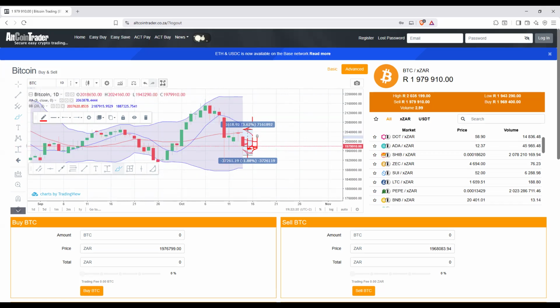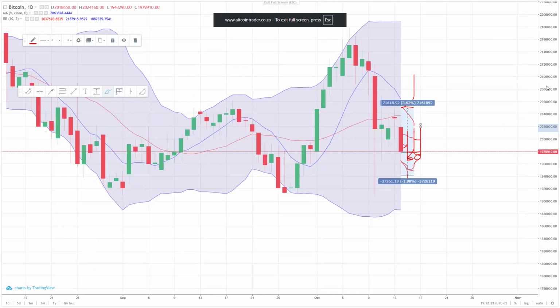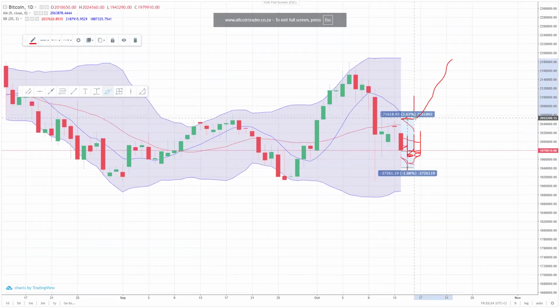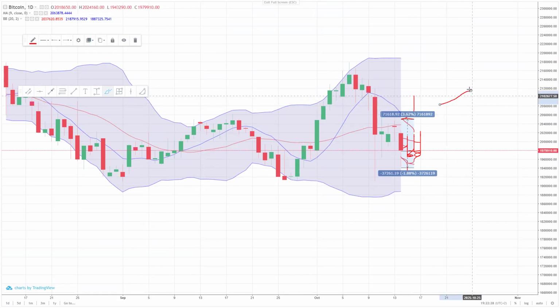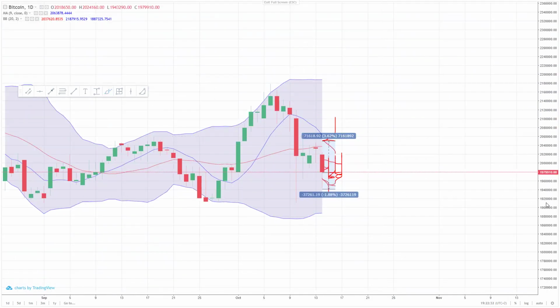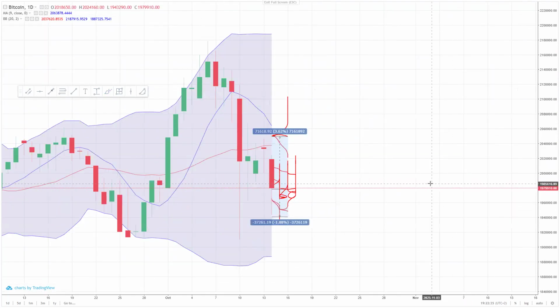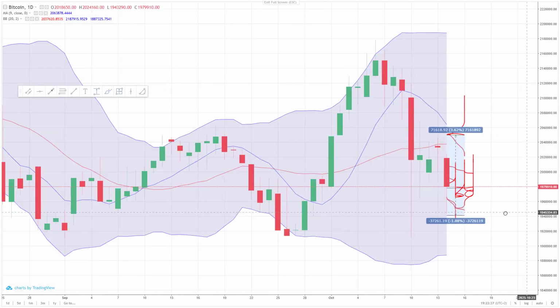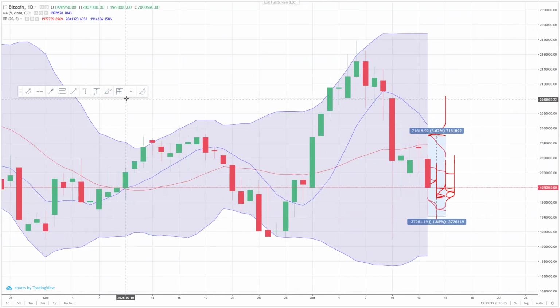I'm going to make this full screen so that if you're using the cell phone, you're not going to struggle to see this. I'm just enlarging it a bit so that you can see it clearer. Now we have a different story.